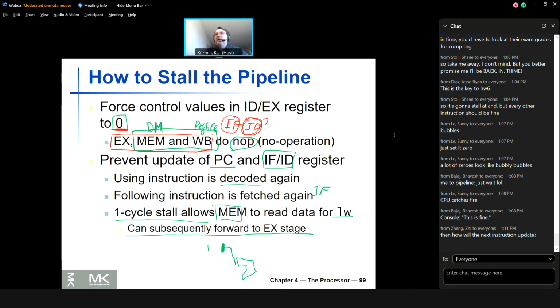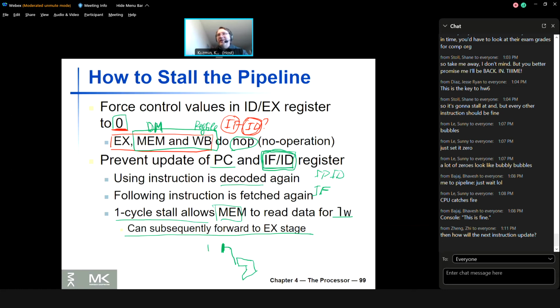All right, and then how will the next instruction update? The next instruction will be fetched over and over again, as many times as we have stalls, right? The instruction that caused the bubble is going to be in ID stage repeatedly, and it works because the instruction word is in this pipeline register IFID.